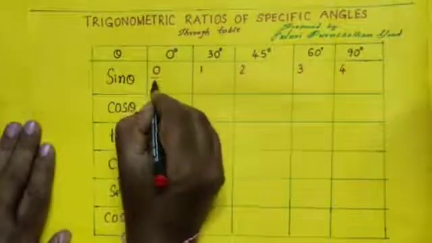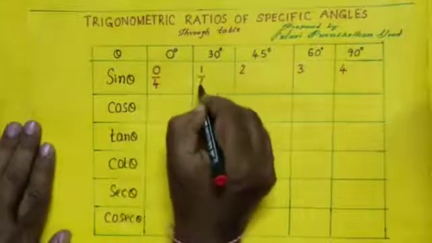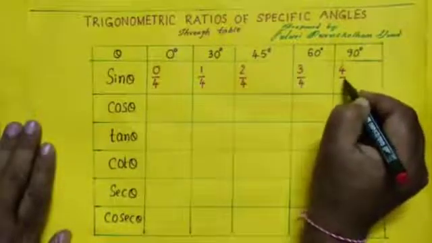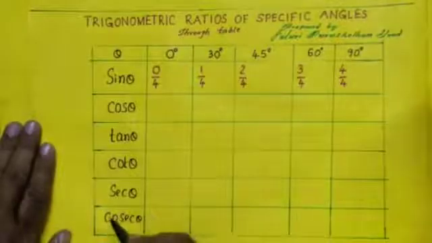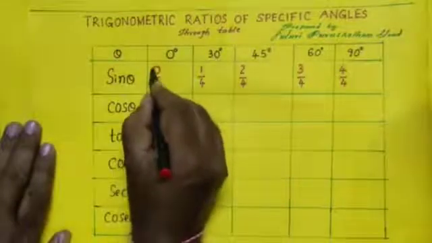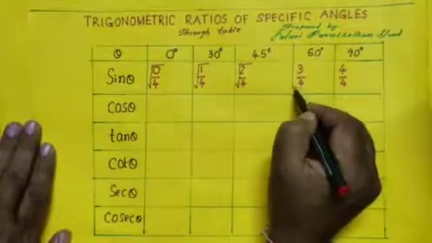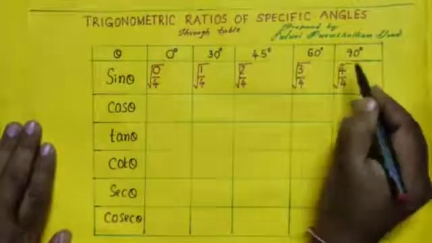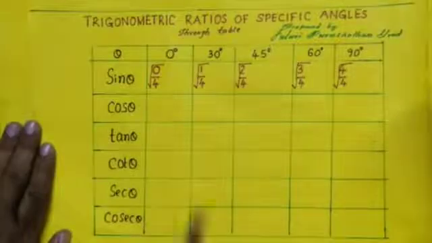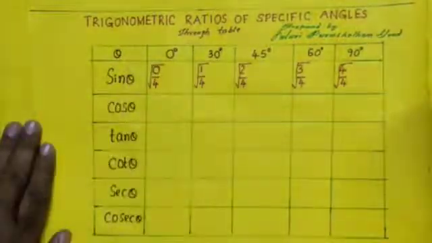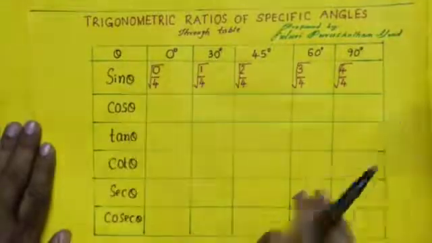And for all I am writing by 4, by 4, by 4, by 4, by 4. Clear? For all I am keeping a root symbol, under root. You have to remember first 0, 1, 2, 3, 4, by 4, by 4, by 4, and for all under root.